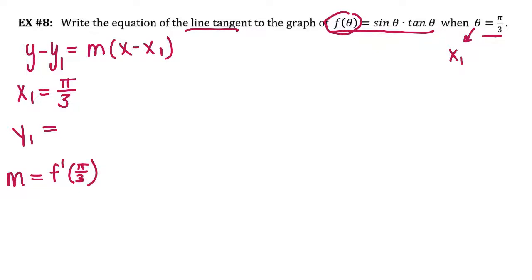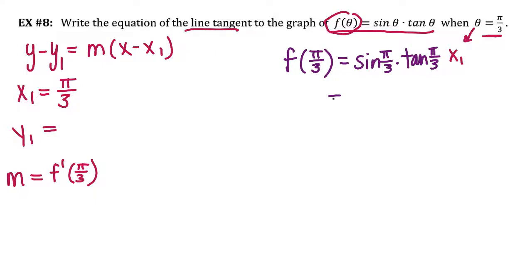All right, so to find y1, then we need to go plug in. So over here to the side, and change the color so we can see. So f at pi over 3 is going to be equal to sine of pi over 3 times tangent of pi over 3.